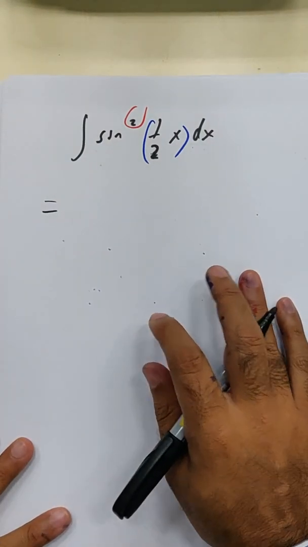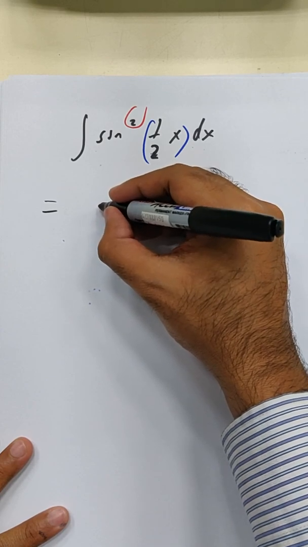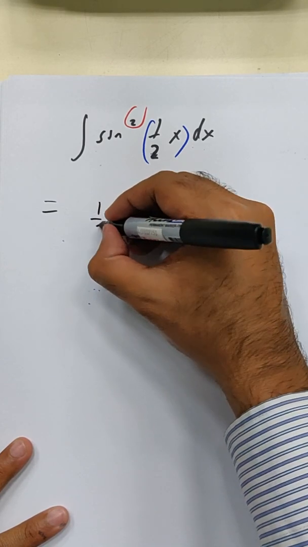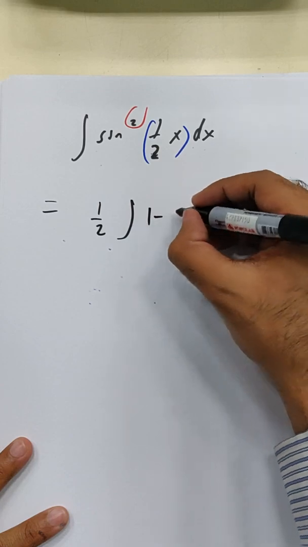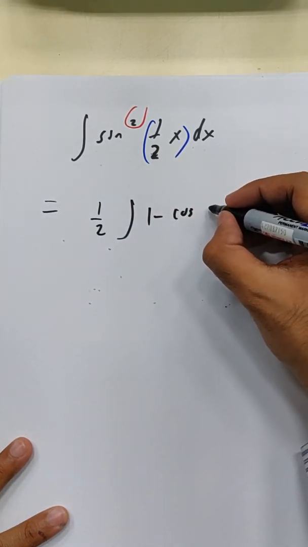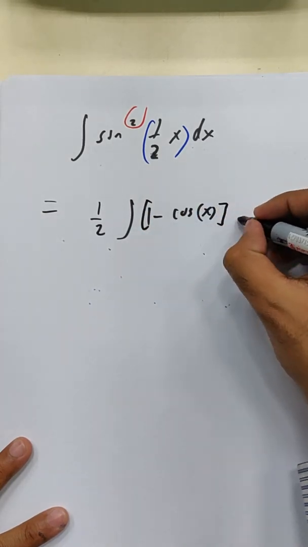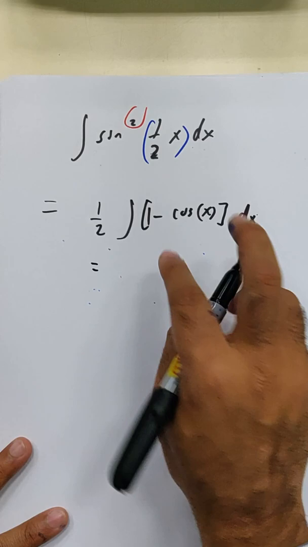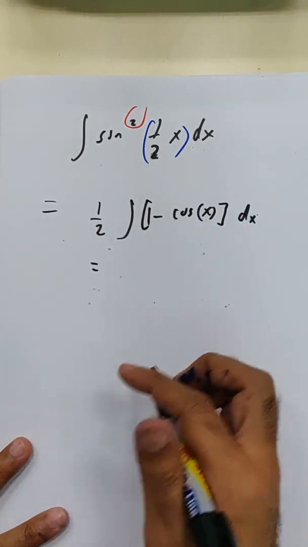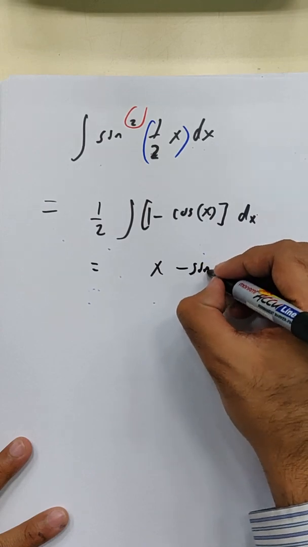Okay, you should be able to get there. 1/2 (1 minus cos x) and integrate this. What do you get? x minus sin x.